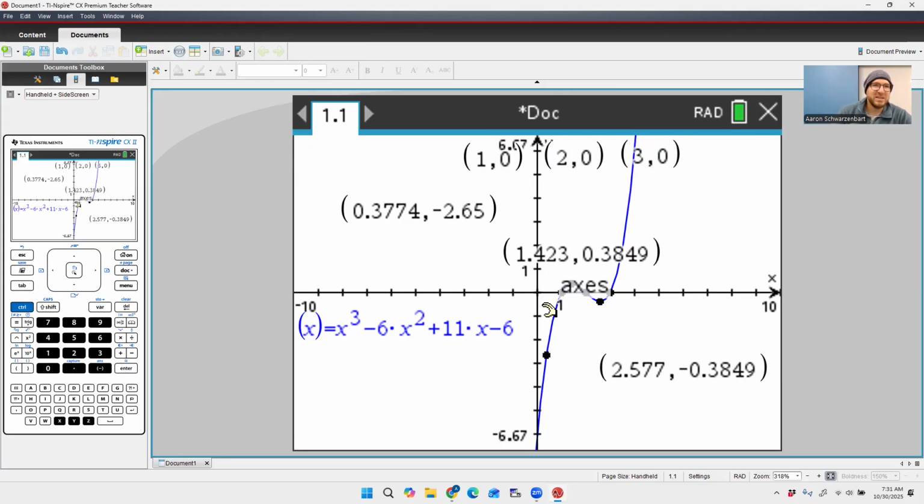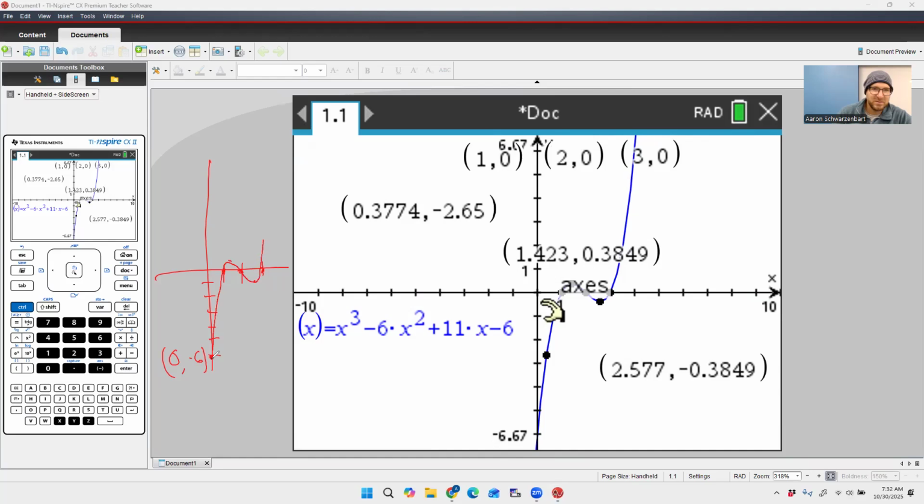So if I'm making my sketch, I'll start with my y-intercept, 0, negative 6. I've got a max here and a min here. Put that in here.